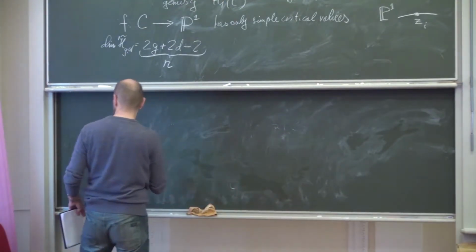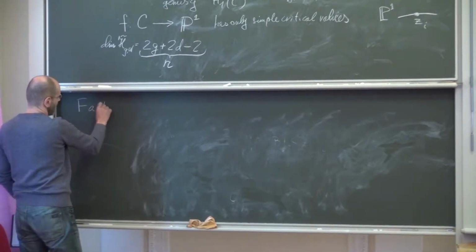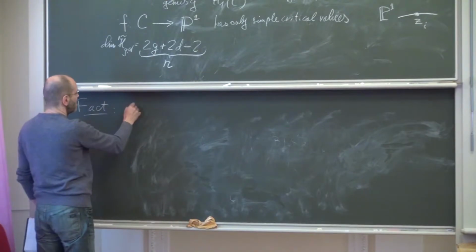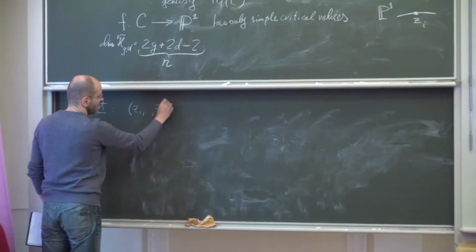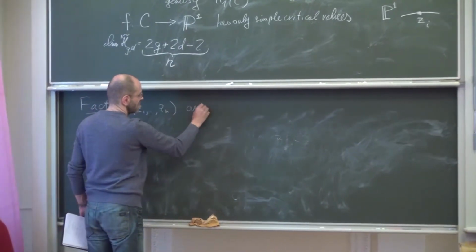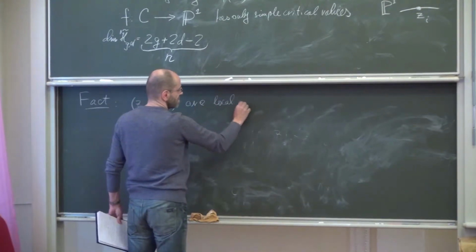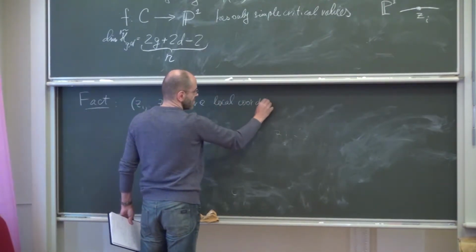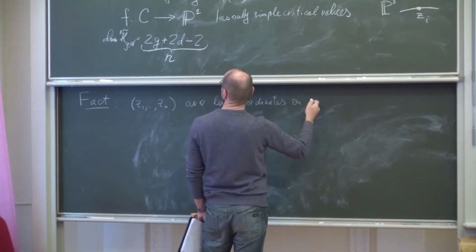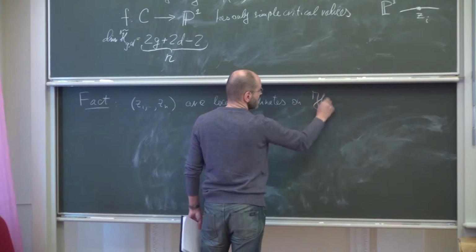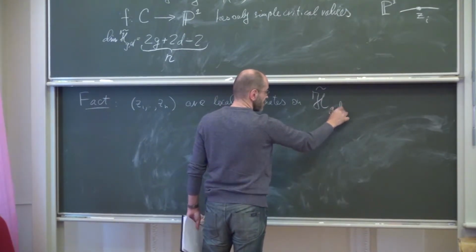So let me call it a fact. And this fact is that the critical values are holomorphic local coordinates on the space of generic meromorphic functions, H tilde g d.